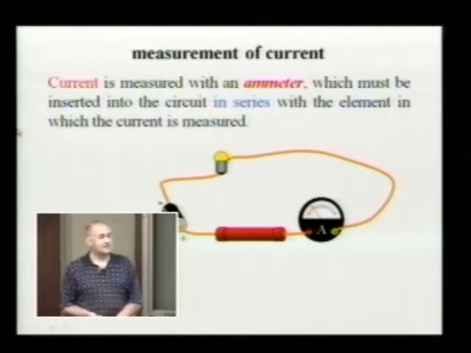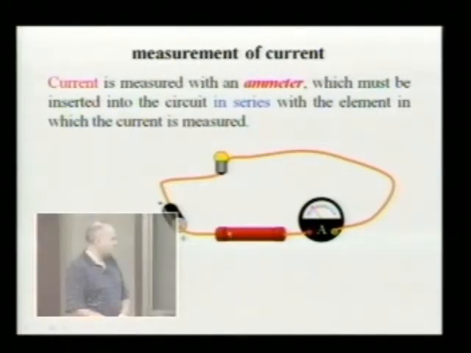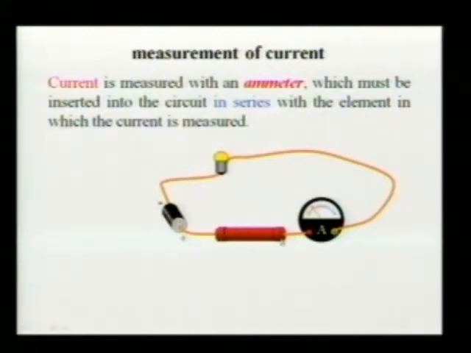Now, whether elements are connected in parallel or in series, we have to think what will happen with the charge. If a certain amount of charge enters this resistor, the same amount has to exit the resistor. The same amount will enter the ammeter, and the same amount will exit the ammeter. And therefore, the same amount will enter the light bulb and exit the light bulb.